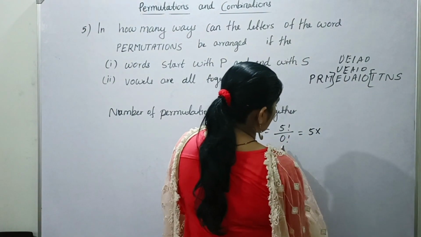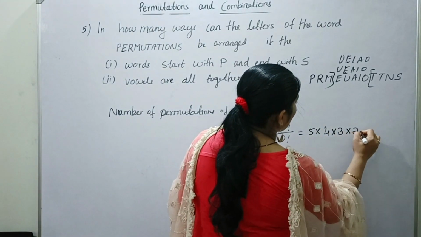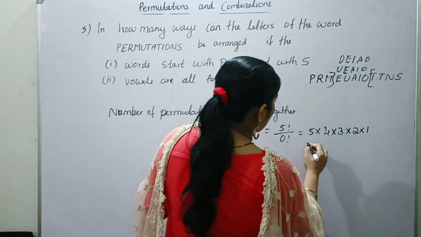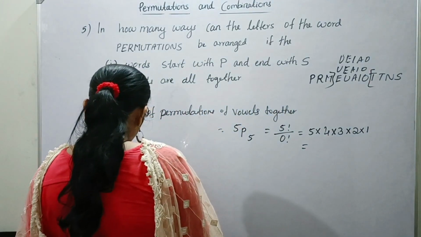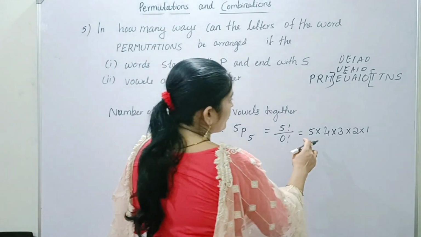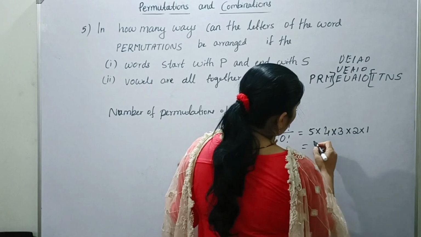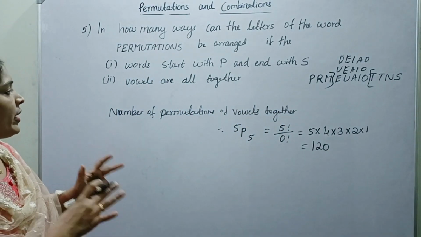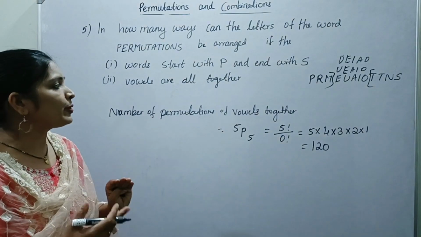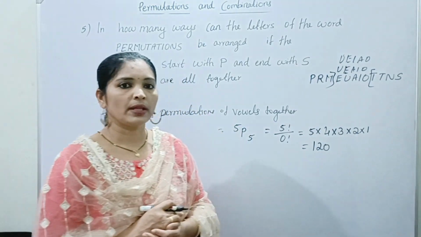So 5 into 4 into 3 into 2 into 1, that is 120. 5 into 4, 20, 60, 120. So now we have found the number of permutations of vowels.